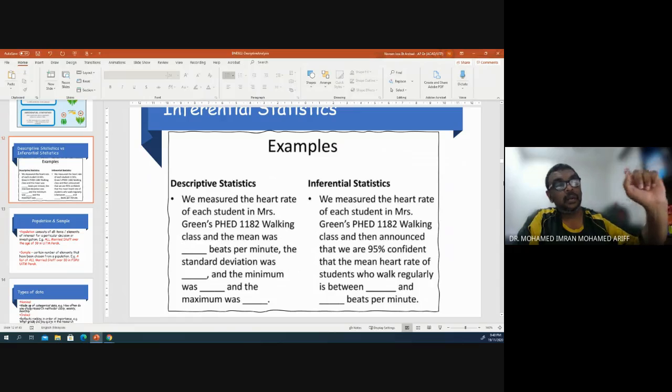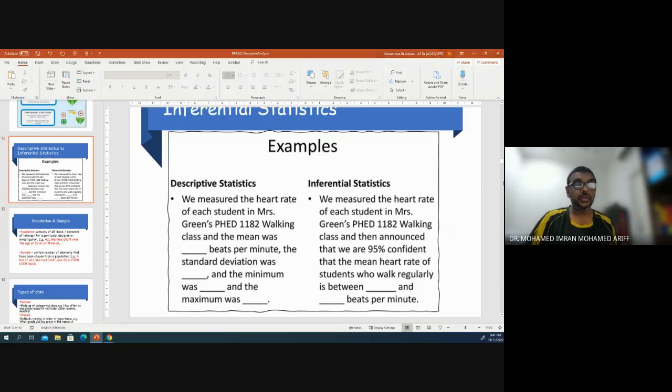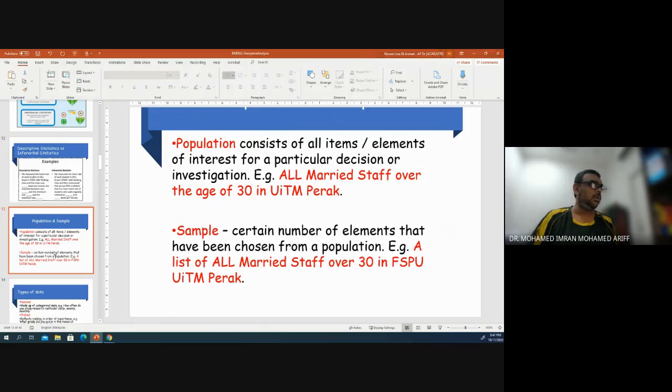I mean, they are saying that mungkin cikgu ni seorang yang garang, so budak-budak dalam tu very takut, so they want to prove this. So how to prove this, they're using heart rate. Okay, so this is one chart of inferential statistics.